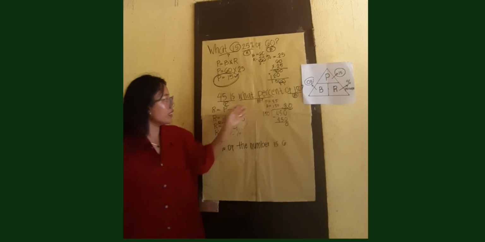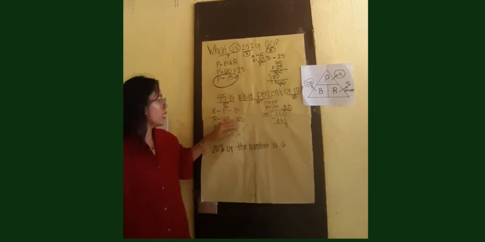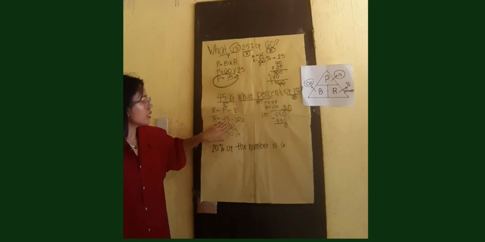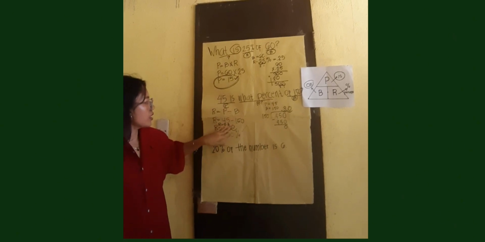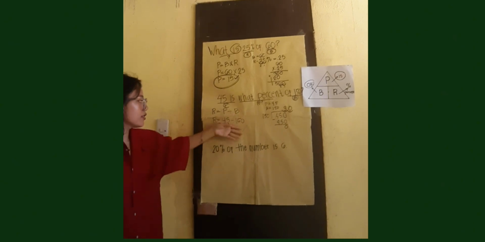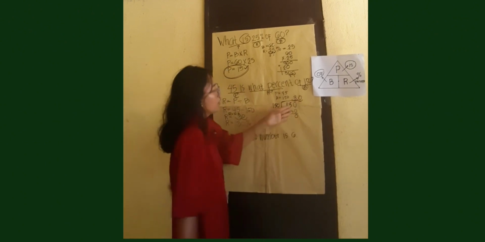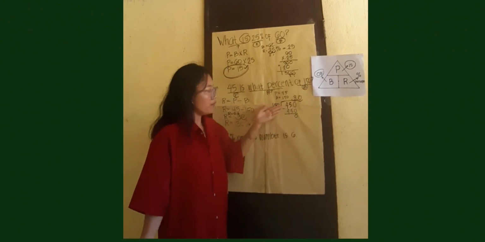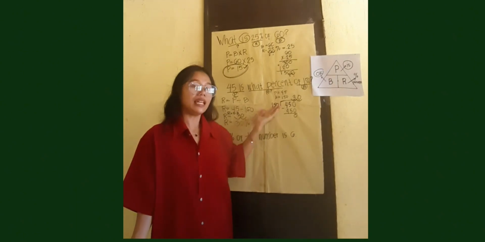So, let's copy the given nga na sa atong problem. So, R equals 45 as our percentage and 150 as our base. So, let's try to solve this one manually. Okay. So, 150 divided by 45. 45 divided by 150. Can we divide that one? Di ba, dili?